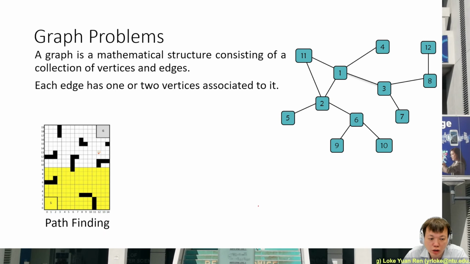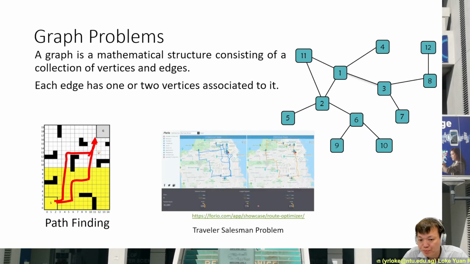Just like when you use Google Map, behind it they are trying to search and calculate, given your source and destination. Your map is a network. They are trying to find the shortest path for you to travel from the source to your destination. So that is a kind of network problem, a graph problem.